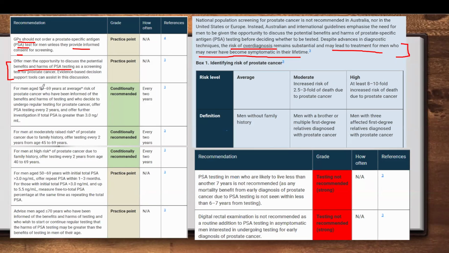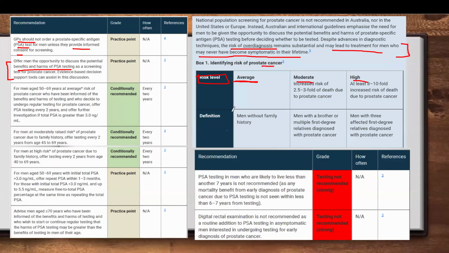And now there is one more thing. You can see here average risk, moderate risk, and high risk. For all types of cancers that we will be discussing in our subsequent classes, you will always see that they define a risk level. Over here in prostate cancer, you have an average risk.